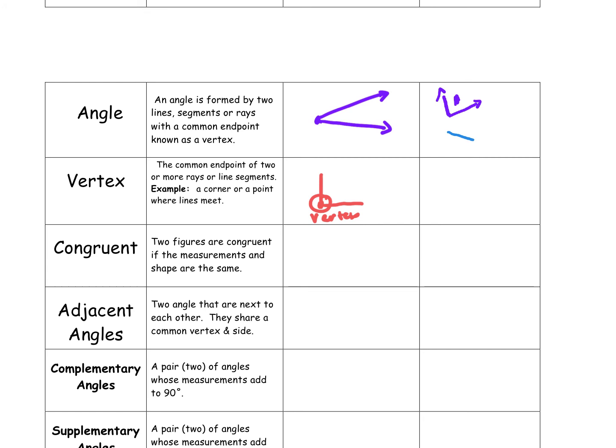So if I made an angle that looks like this, and I called this point A, then I could call this angle A. And we would name this first one angle 1, and that's supposed to be a 1. The second angle I drew, we would call angle A, named after the vertex.